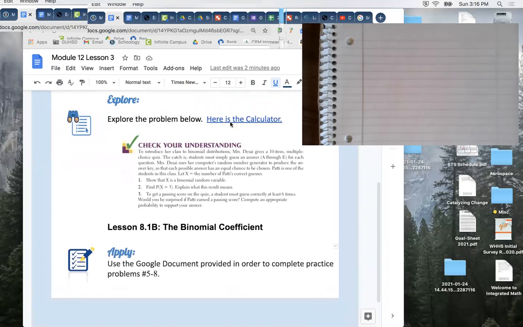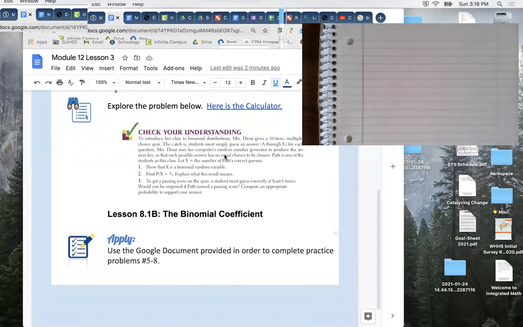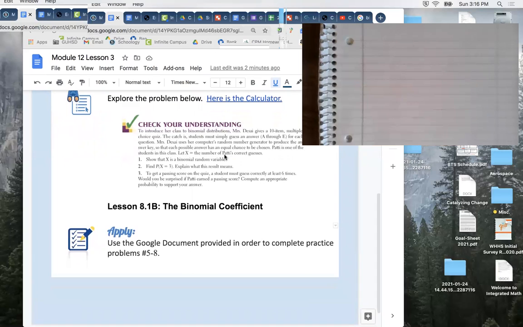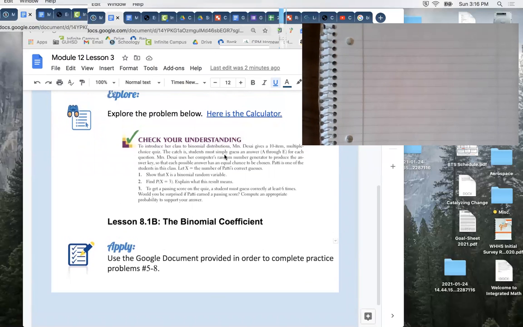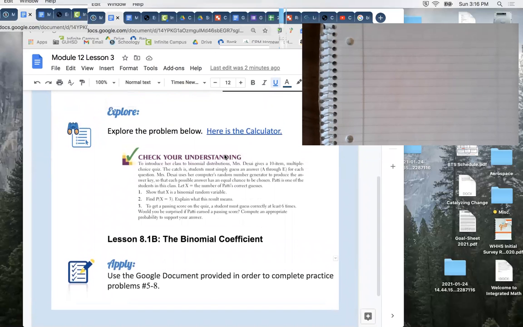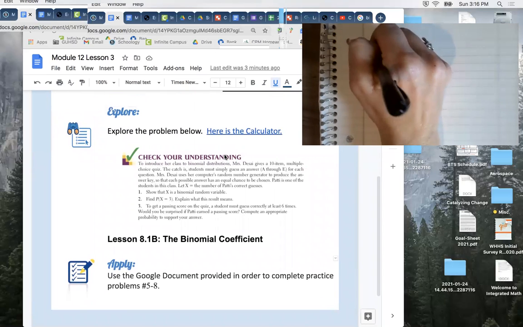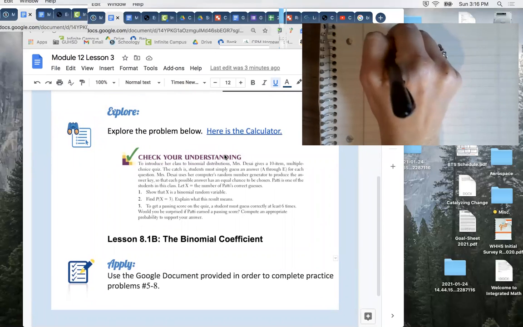And we're definitely going to be popping this calculator open to do this example, but let me show you on my piece of paper what I do with this. So it says to introduce your class to binomial distributions, Miss Desi gives a 10-item multiple choice quiz. 10 items, there's my n. My number of items is 10.